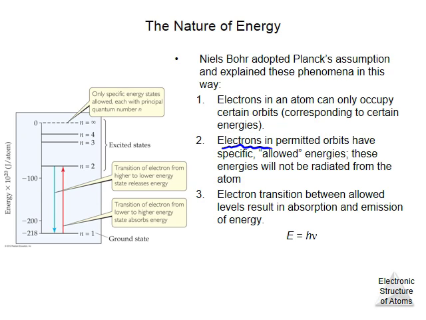Now, when there is electron transition between these levels, then there'd be absorption or emission of radiation. When electrons go from a lower level to a higher level, there is an absorption of energy. If it drops from a higher level to a lower level, then there'd be an emission of radiation or light, or emission of energy.